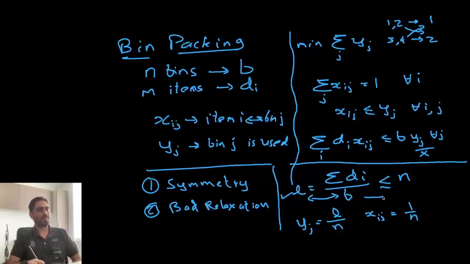If you just swap b and n, you will quickly realize that this inequality is also satisfied by this solution. The point is that with this solution, we are already reaching the lower bound, which basically means that it is a bad relaxation. The actual answer for the integer problem is a lot bigger than this trivial lower bound.